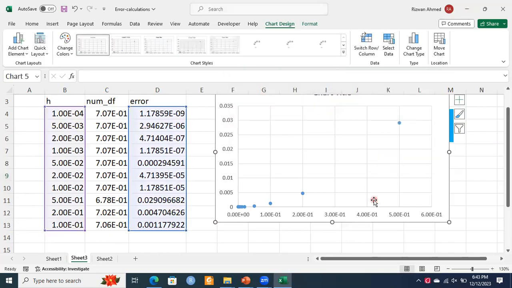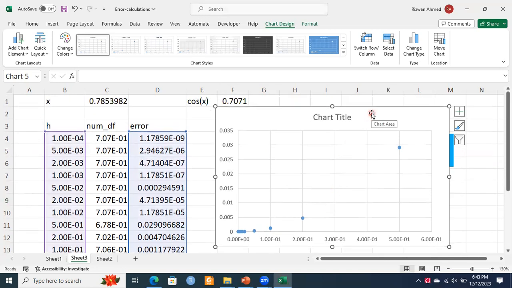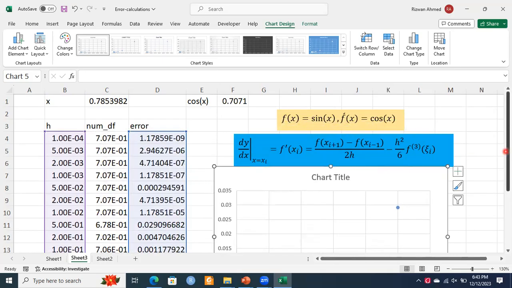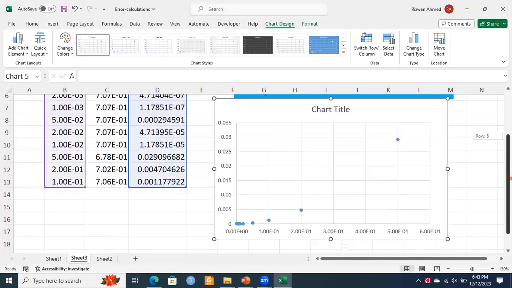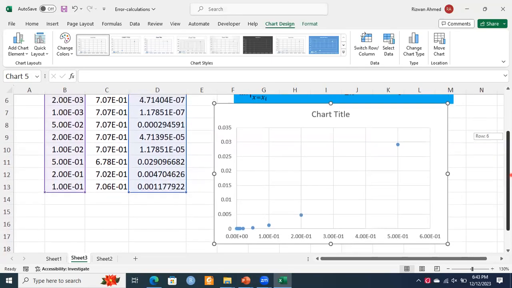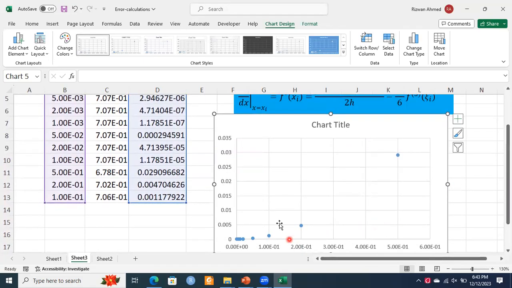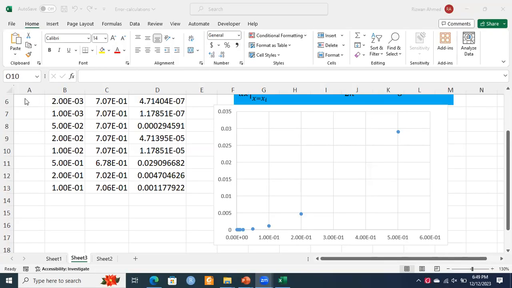Now, to explore the relationship h squared, I will change both axes to log. We have got our plot. On the x-axis we have h, the step size, and on the vertical axis we have got error.